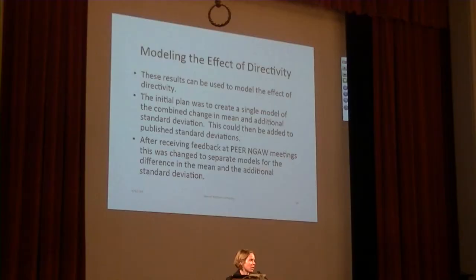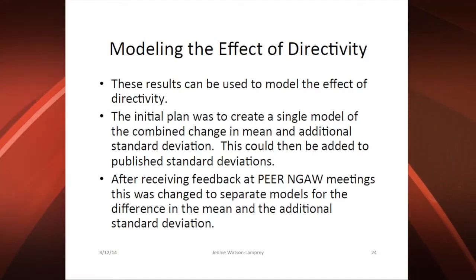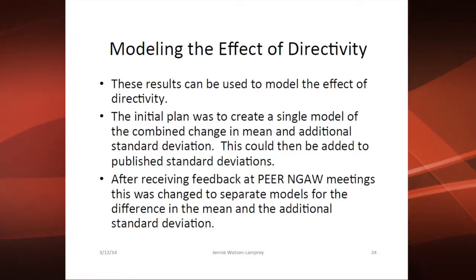Okay, so then using these forward modeling results, which I did from periods 0.5 seconds out to 10 seconds, you can make a model of the effect of directivity. The initial concept was to make a single model that combined these mean biases with the standard deviations about that mean. So it would be a simple thing that you would just slap on to the standard deviations from published ground motion prediction equations, and you would move on.